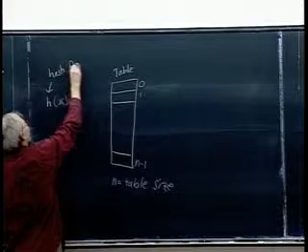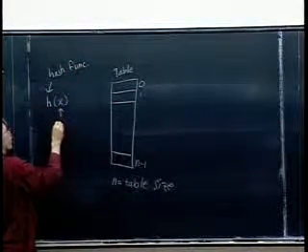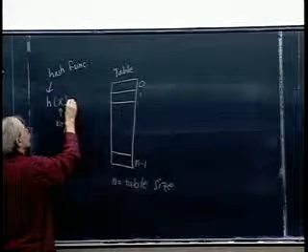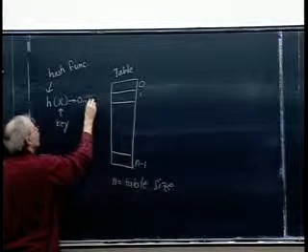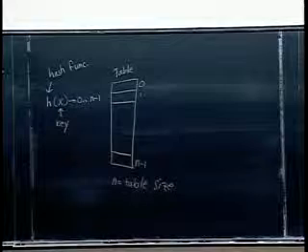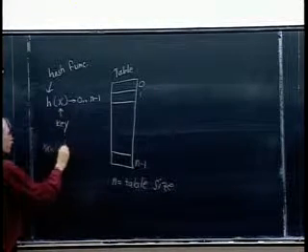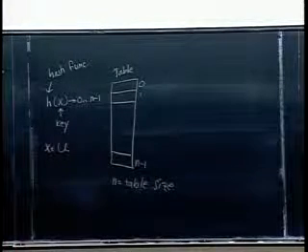And it maps key x to some value in the range 0 to n minus 1, where here x is some element of this universal set that we've described.